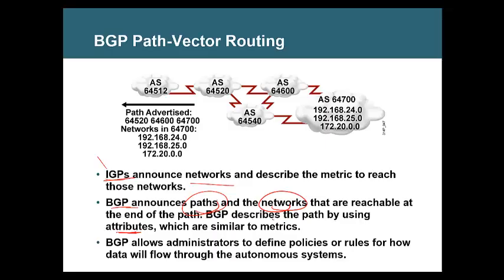You tell BGP using the attributes how the packet should flow, what path your packet should take, which is nothing but the rules, which is nothing but a policy. BGP provides this flexibility of defining the rules, policies.